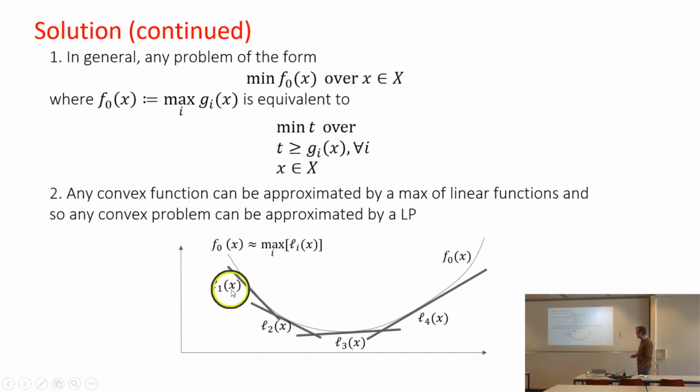Then I will have a line which is not exactly the function. Here there's a small difference, but it is an approximation of the convex function. So any convex function can be approximated by its tangents. And if we take in the limit an infinite number of tangents, you'll have an exact thing. If you take a finite number, you will have an approximation whose quality can be as good as you want by putting as many lines as you want.